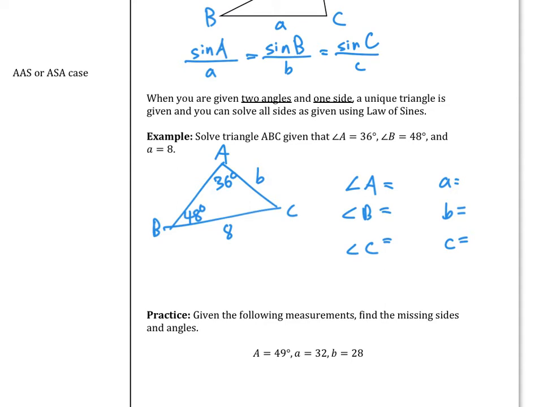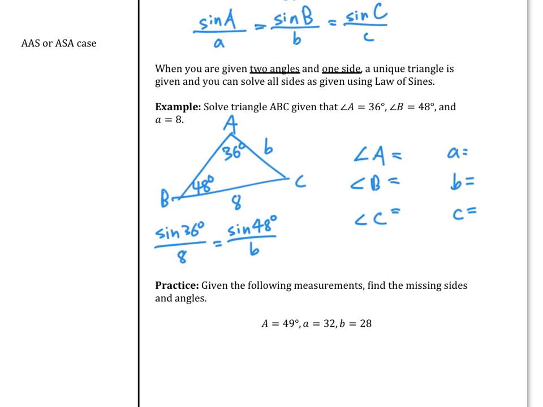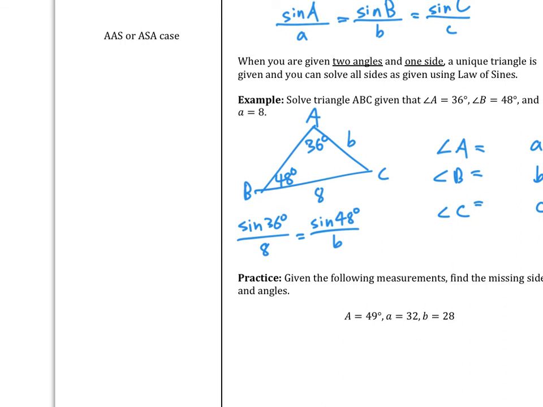So how do we do that? We know the angle 36 and its opposite side, so that creates one proportion. And then angle B is 48. We don't know what side b is, so we set up the proportion. To solve this proportion, you want to use cross multiply, that means you cross and multiply.